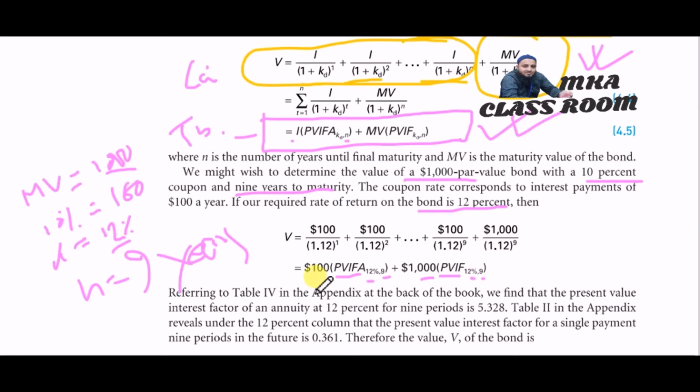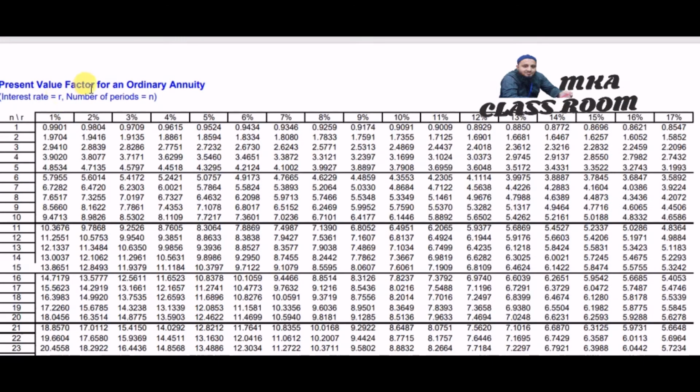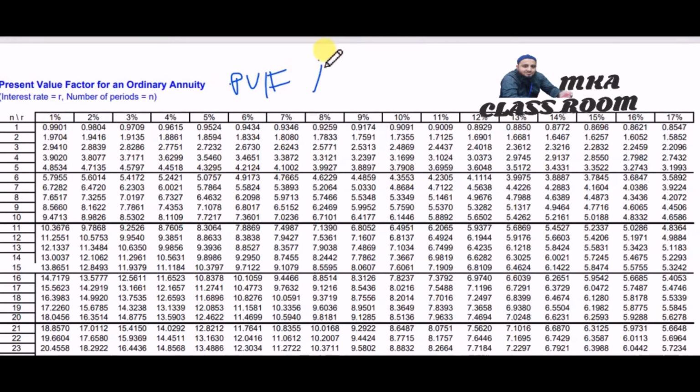Now if you see the values in our financial table, we can see the PVIFA table, present value factor for an ordinary annuity, at 12% and 9 years.